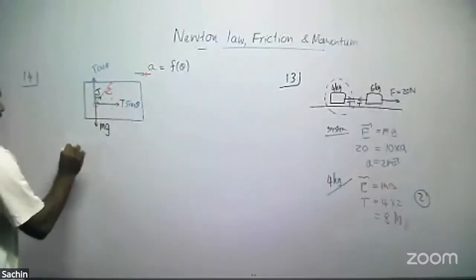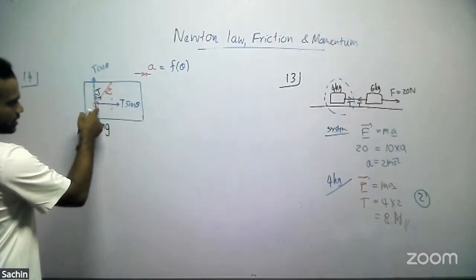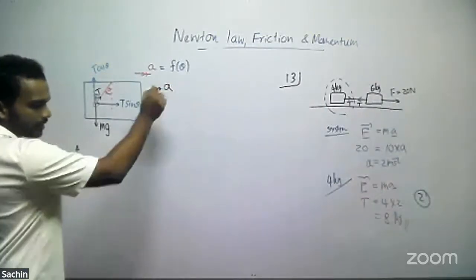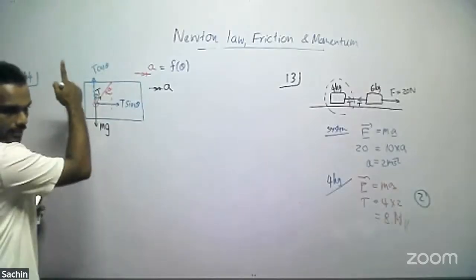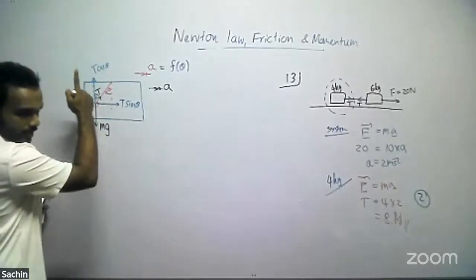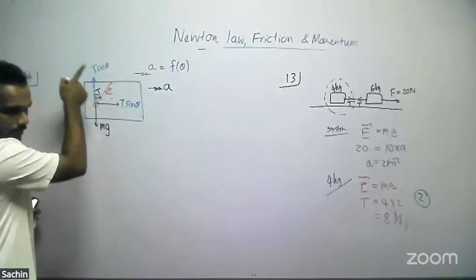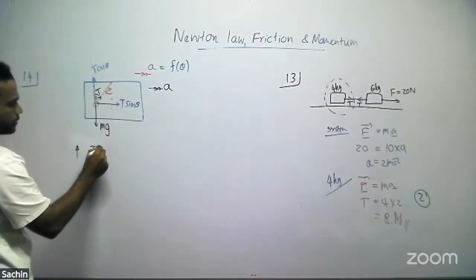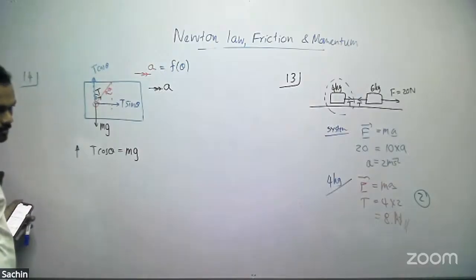So first we will think of the vertical direction. When you consider the vertical motion of this pendulum, it is only accelerating horizontally, and there is no vertical motion. No vertical motion means the forces in the vertical direction should be in equilibrium. That means T cos theta should be equal to mg.